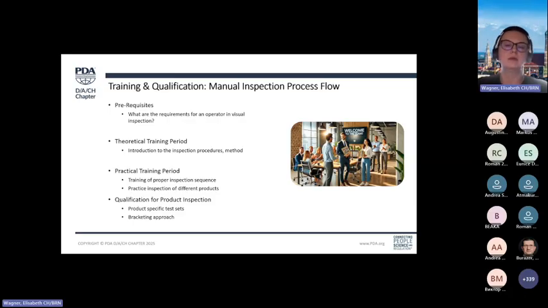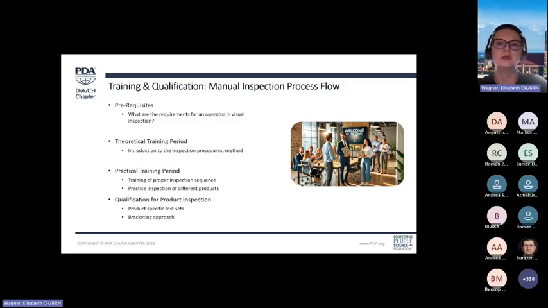They learn how to correctly perform the manual visual inspection sequence of containers. They have a practical training period, and only after passing training, practical and theoretical, they can proceed with qualification.